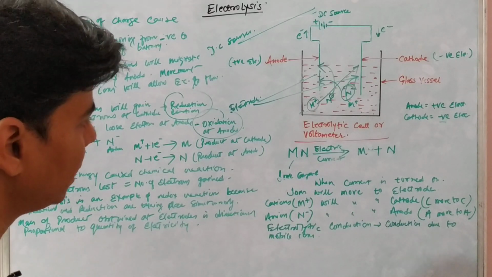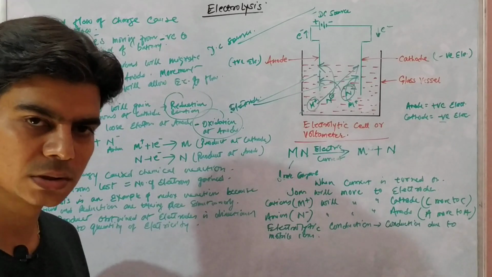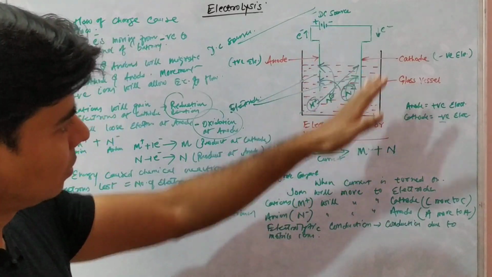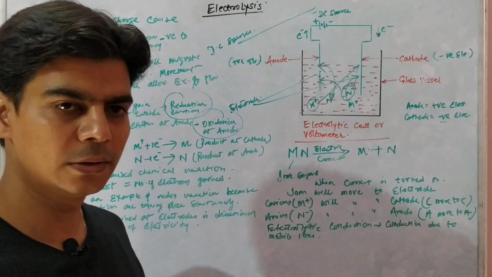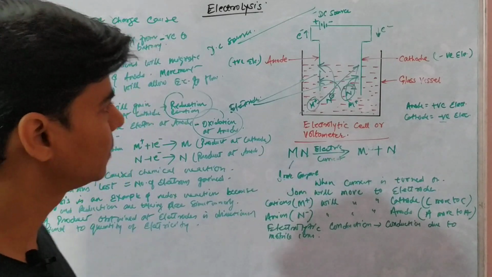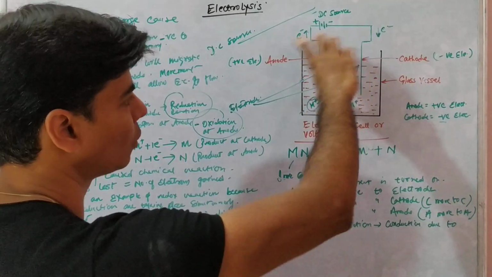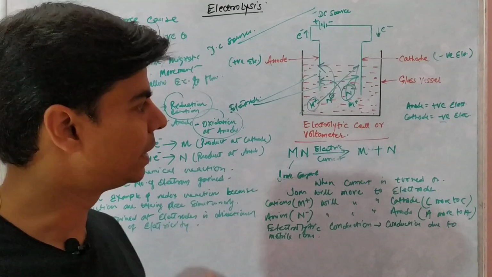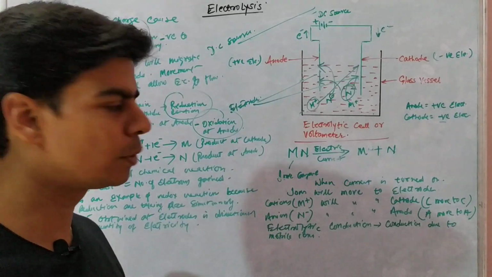I'll just quickly revise what we have done in this lecture. This apparatus is known as a voltameter, or electrolytic cell, in which we carry out the process of electrolysis. These metal rods are called electrodes: a cathode, that is a negative electrode, and an anode, a positive electrode.